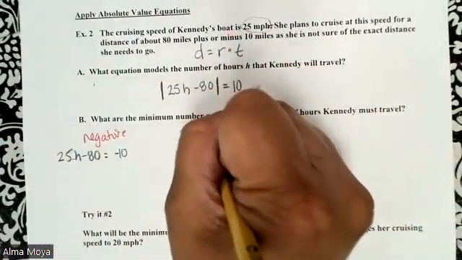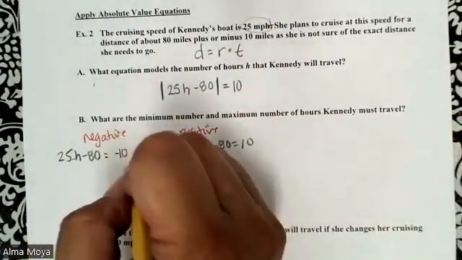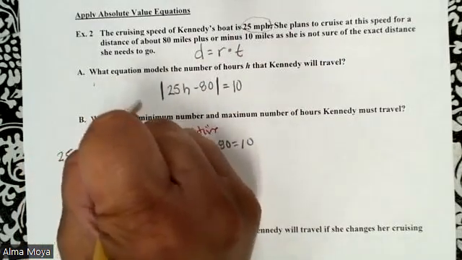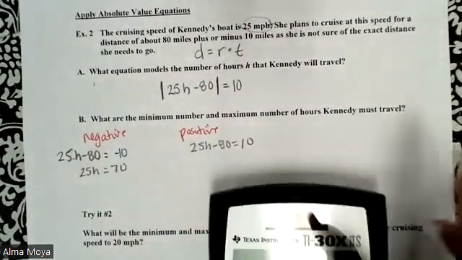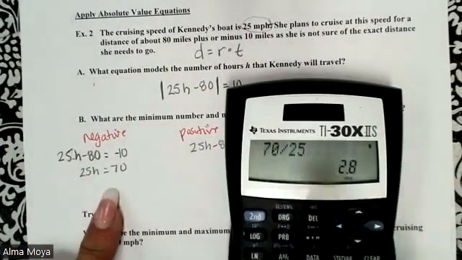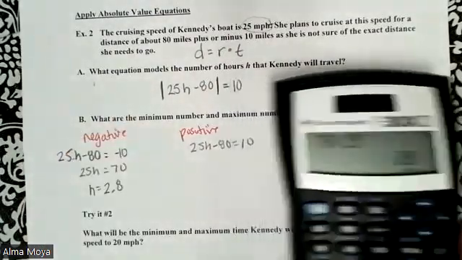And then 25h minus 80 is going to equal a +10. In this case, I'm going to add 80 to both sides, so 25h equals a +70. And then when I divide both sides by 25, 70 divided by 25 gives me 2.8. So here, h is going to be 2.8.